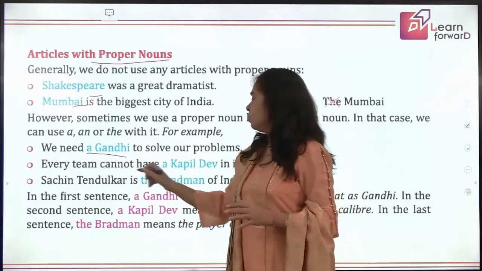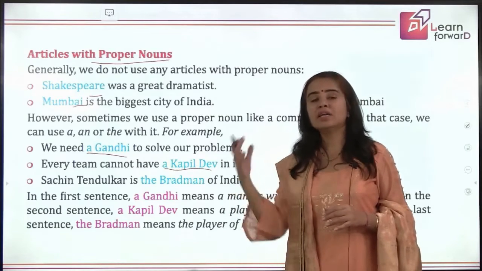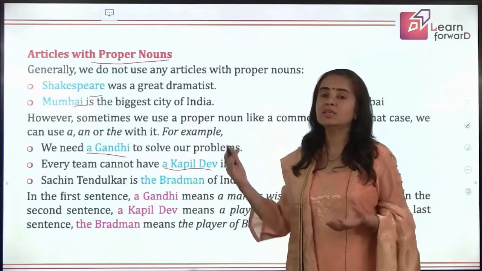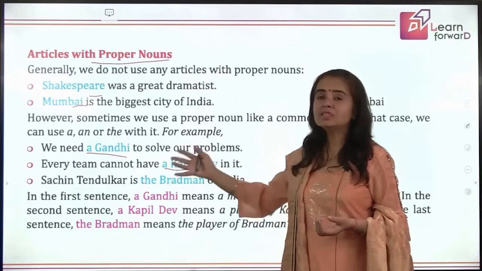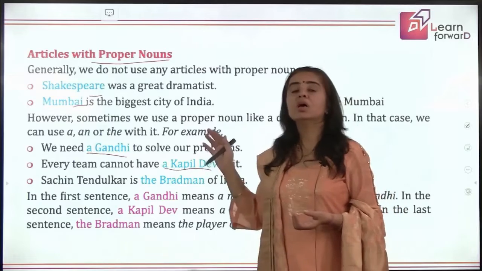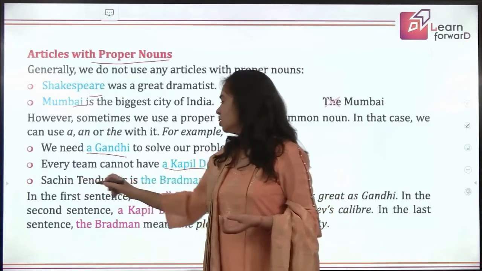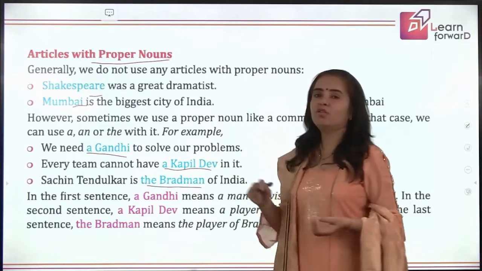Next, every team cannot have a Kapil Dev in it. That means a cricketer with all the qualities like Kapil Dev. That is why we are using the article before the proper nouns here. Okay. Next, we have another: Sachin Tendulkar is the Bradman of India.